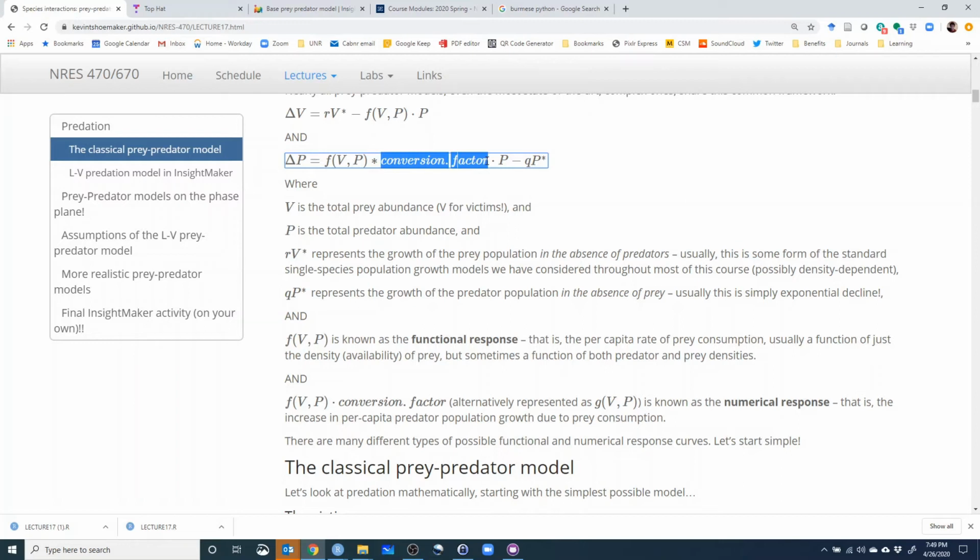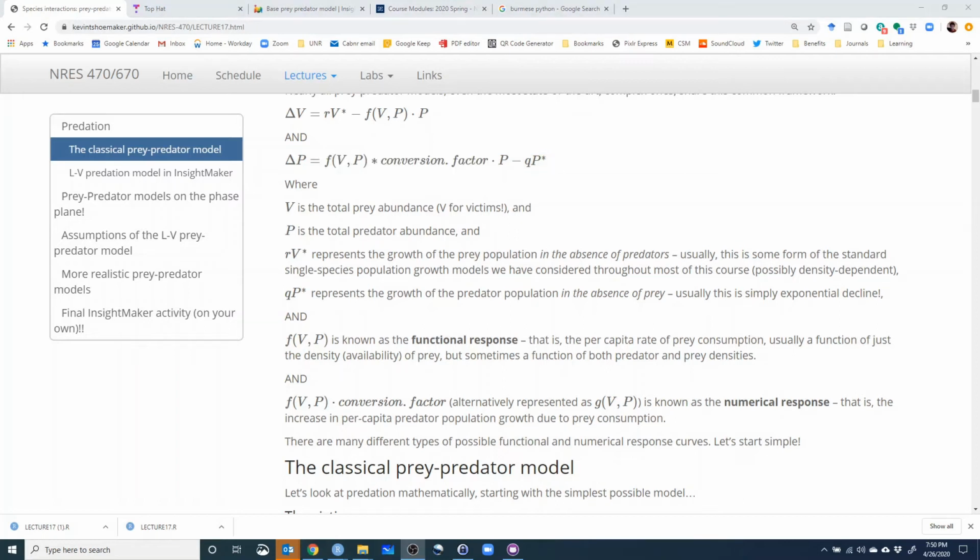That is the conversion of victim biomass or prey biomass into the production of new predators. That term here, this functional response times the conversion factor, is known as the numerical response, and that's the degree to which the predator growth rate is increased for each new victim that it consumes.